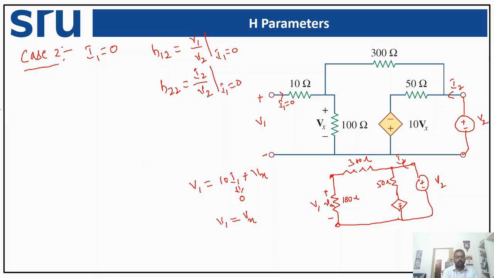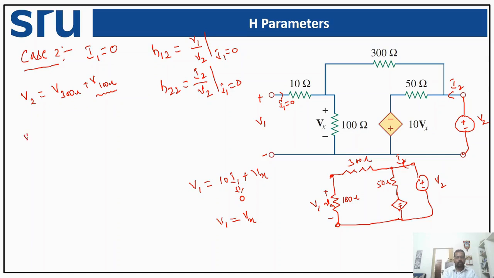So V2 is getting divided. To find the voltage across 100 ohm, we can apply the voltage division rule.